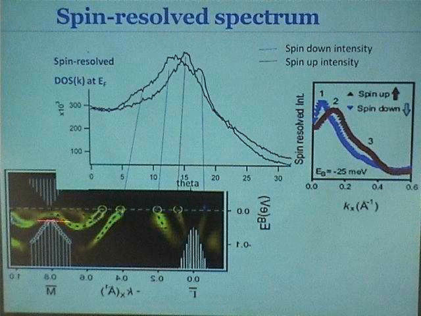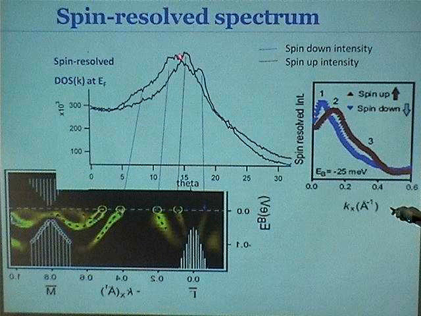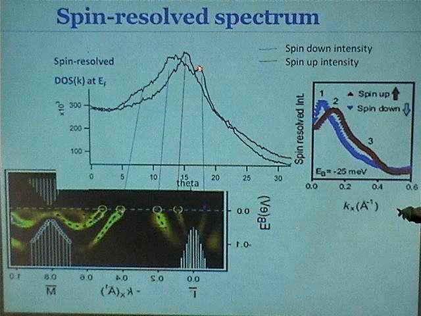So what I do, I take a cut, say at 25 millivolts, where I have large intensity along Kx. Let me first focus on this one. If I separate the spins through the Mott detector, then I see that this band ends up in the right channel in my detector, which I call up arbitrarily.